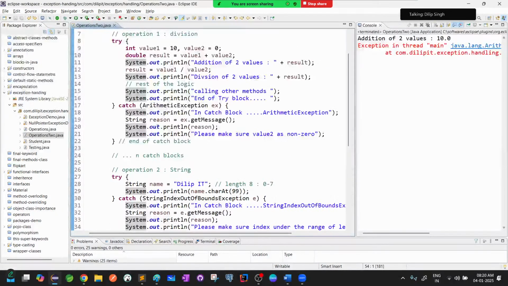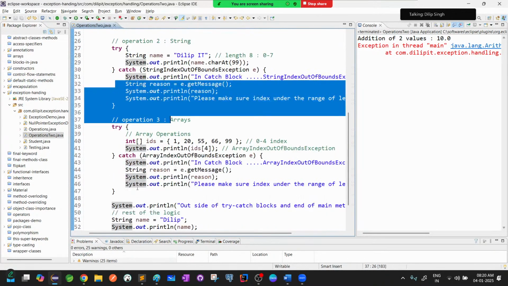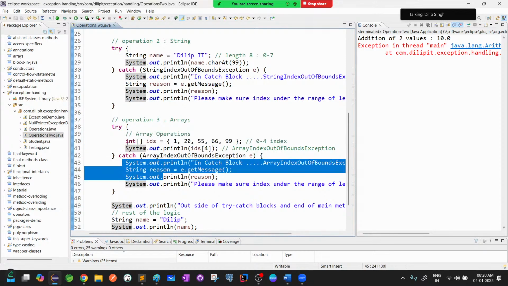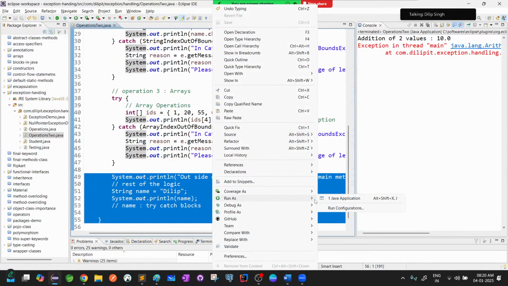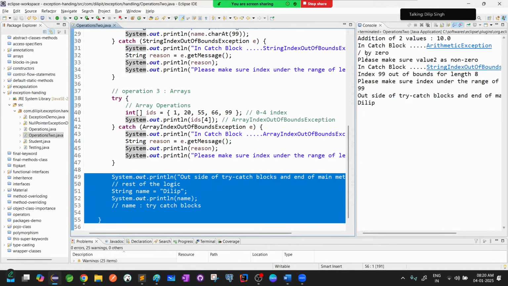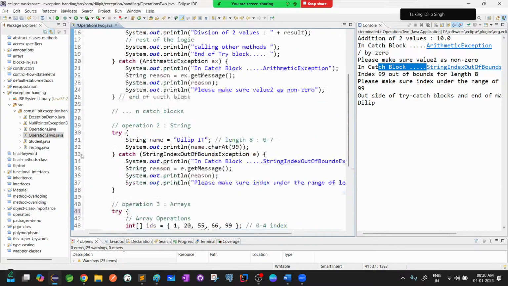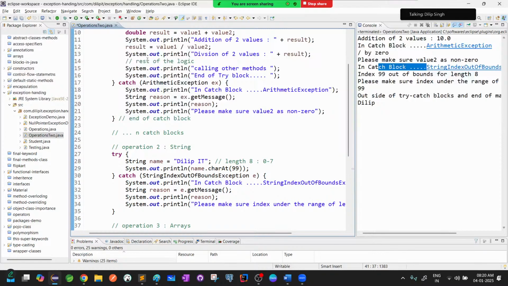So what is our expectation now? This catch block is executed, this catch block is executed, and this logic is executed, but not a catch block, because there is no exception, and this will be executed. See here, arithmetic exception, string index out of bounds exception. Tomorrow, if you got one more exception here also, for example you gave 9, now in total 3 places you got an exception. Here exception, here exception, here exception.